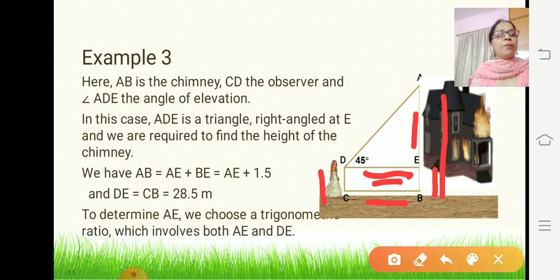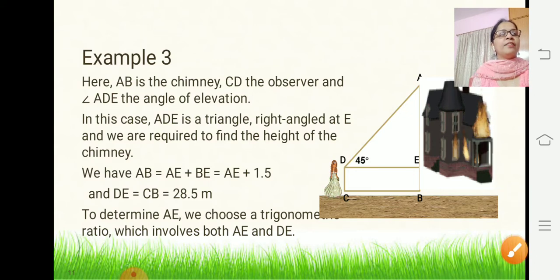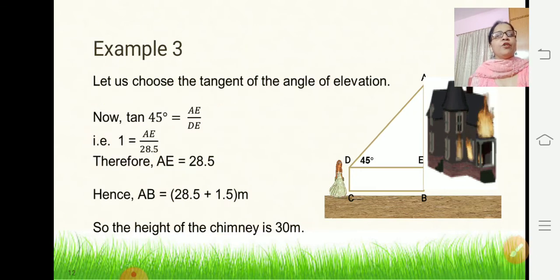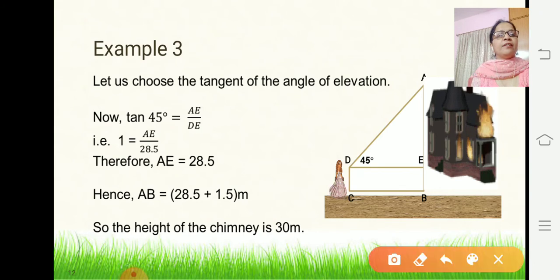So which trigonometric ratio will you take? It is opposite side by adjacent. Yes, it is going to be tan 45 degree. So tan 45 degree is equal to AE by DE.